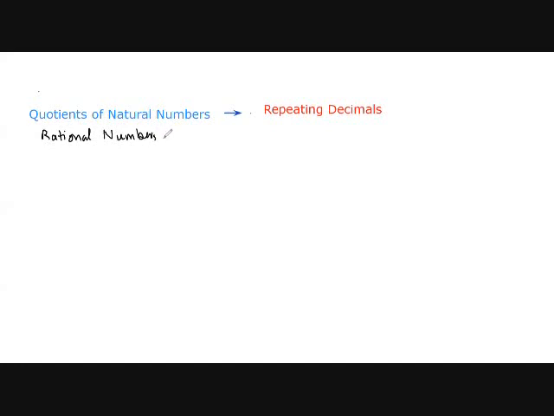The first one is the terminating decimal, and the other is the repeating decimal. Okay, so now I will give you some examples related to these two kinds of decimals.